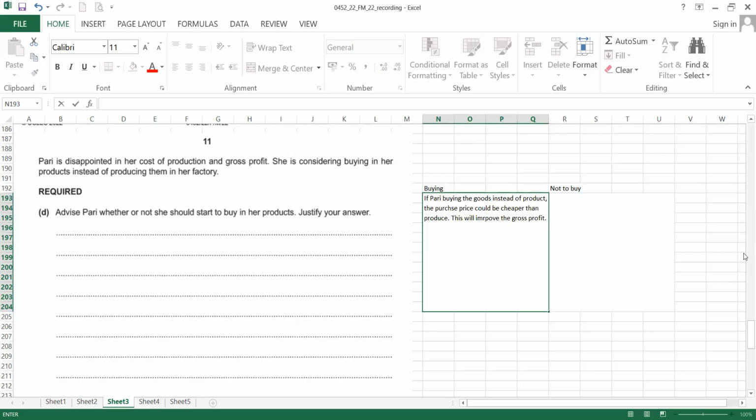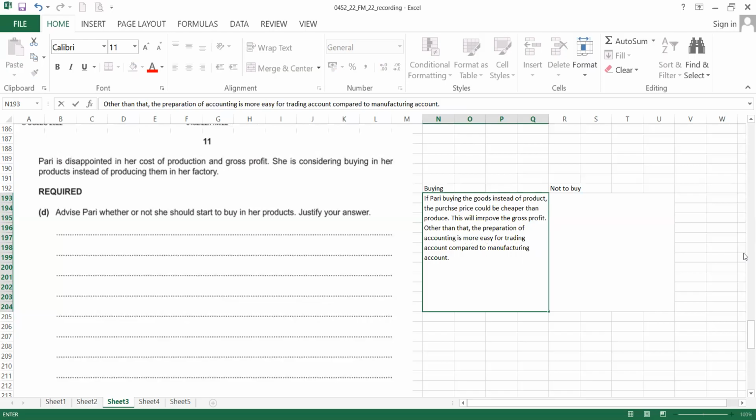Other than that, the preparation of accounting is more easier for trading account compared to manufacturing account.